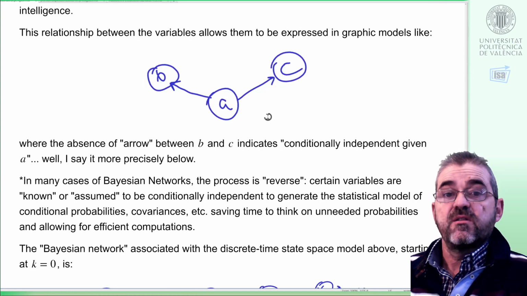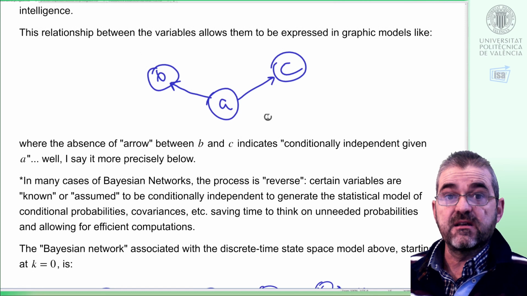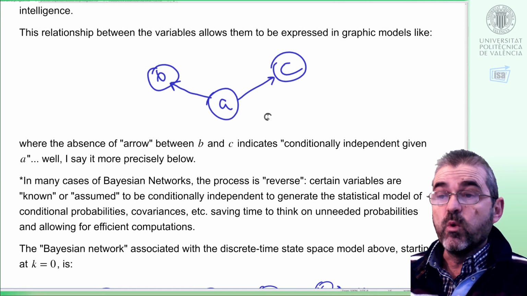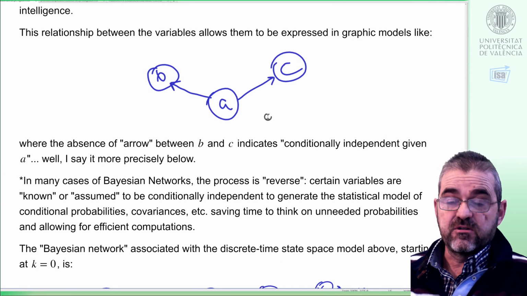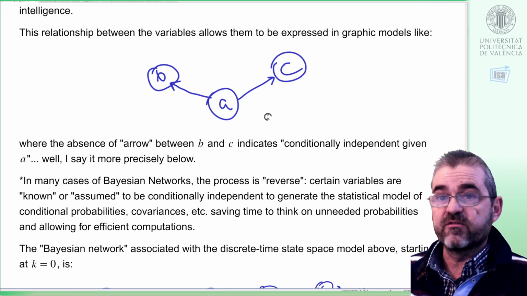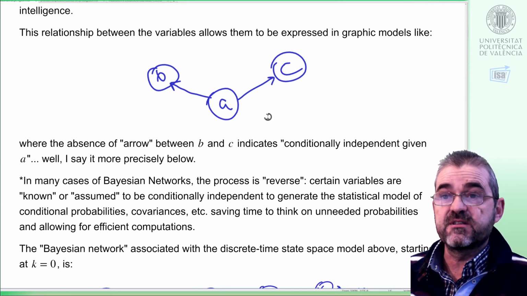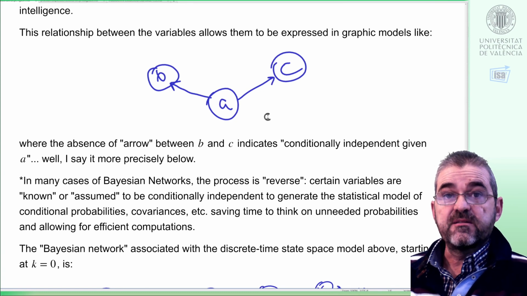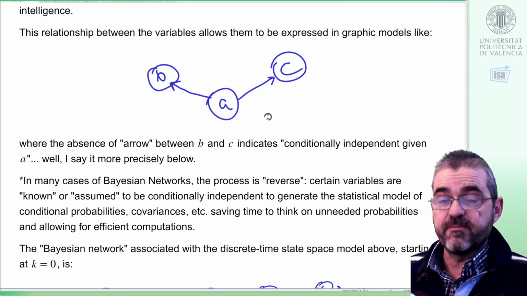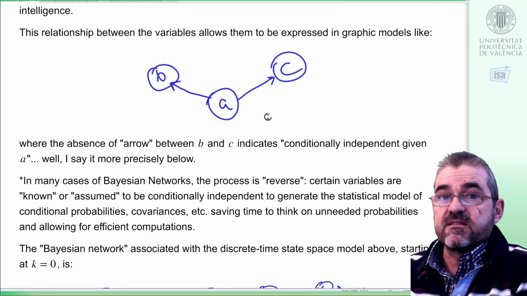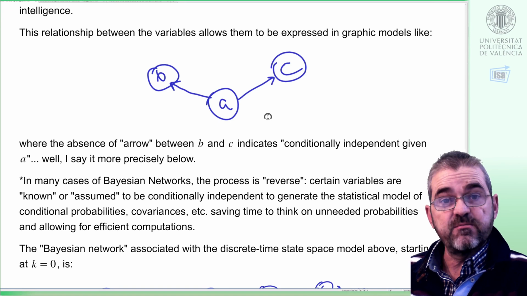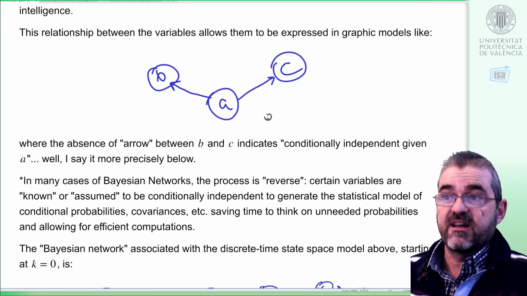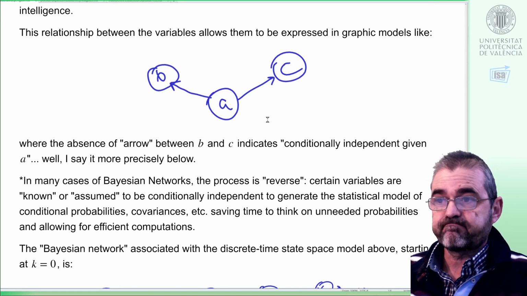In many cases, this conditional independence is an assumption in the modeling phase to avoid needing to compute a lot of conditional probabilities of covariance, in the sense that, for instance, my assumption that measurement noise is independent to everything else, etc. So these things allow me to simplify complex probabilistic models because I assume this kind of independence.